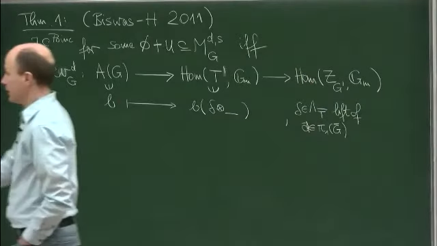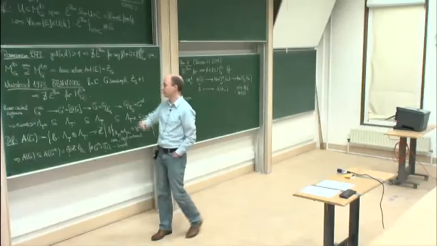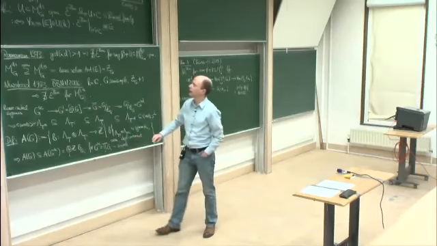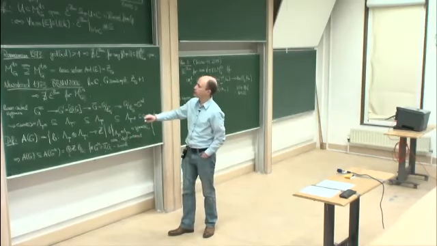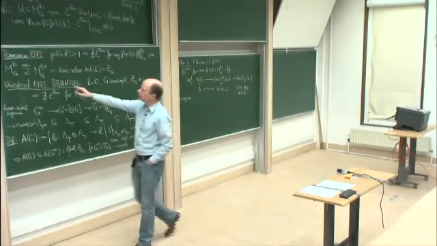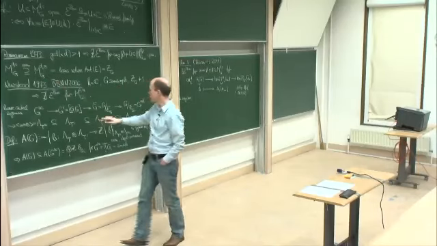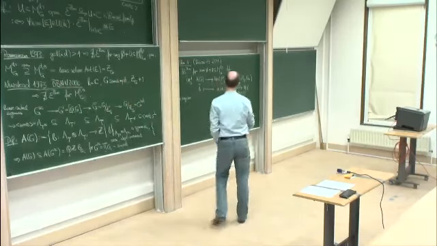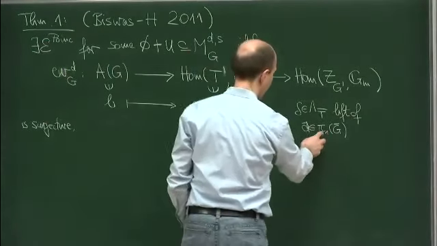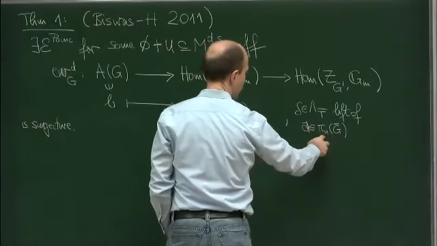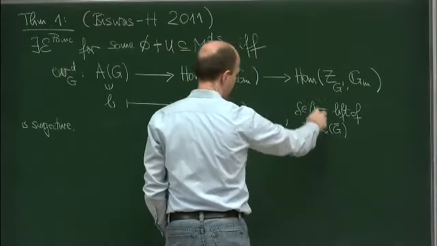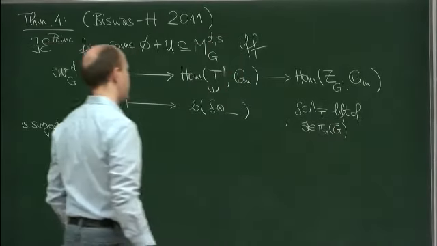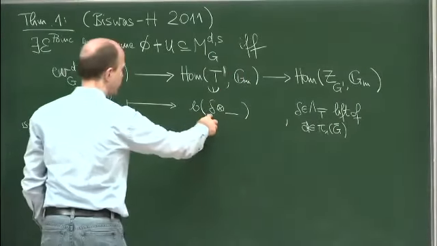So this here is a quotient of G, so it comes with a map from G to it. So this element in the fundamental group, D, which indexes the components, has an image, D bar, in the fundamental group of this quotient. And since it's a fundamental group, it's a quotient of the co-character lattice. So take any lift of this element to the co-character lattice, plug it in here.